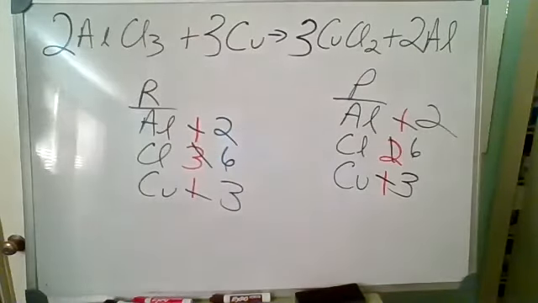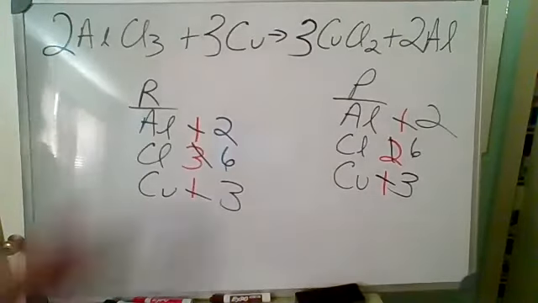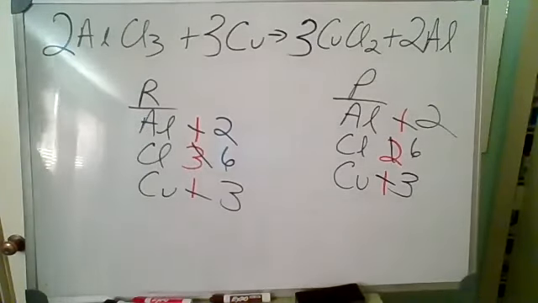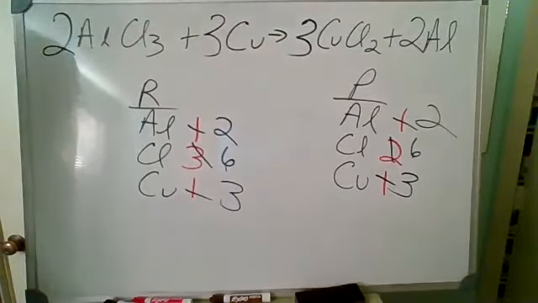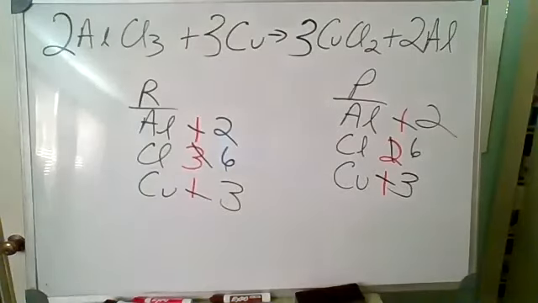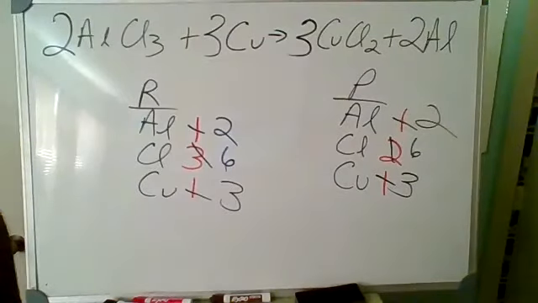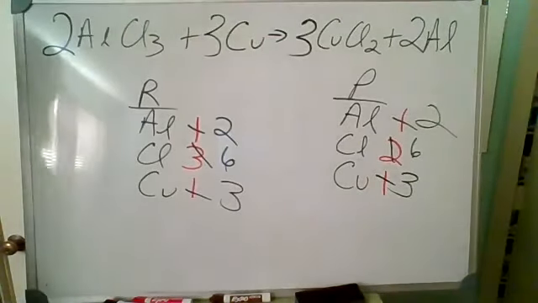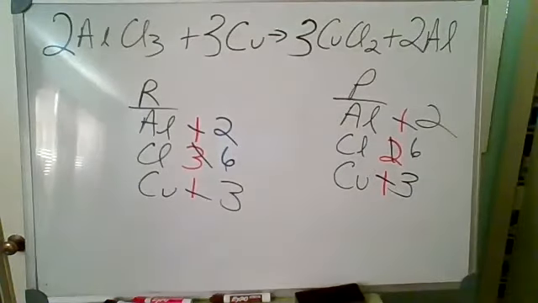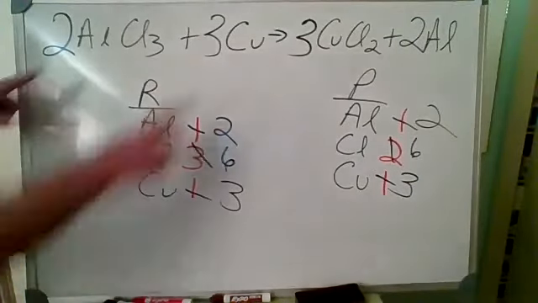No. Come on, I just said this like 3 minutes ago. How do you spot a decomposition? 1 reactant. Remember, as AB goes to A plus B, 1 reactant. Is this a decomposition reaction? No, it's not. It's got 2 reactants.